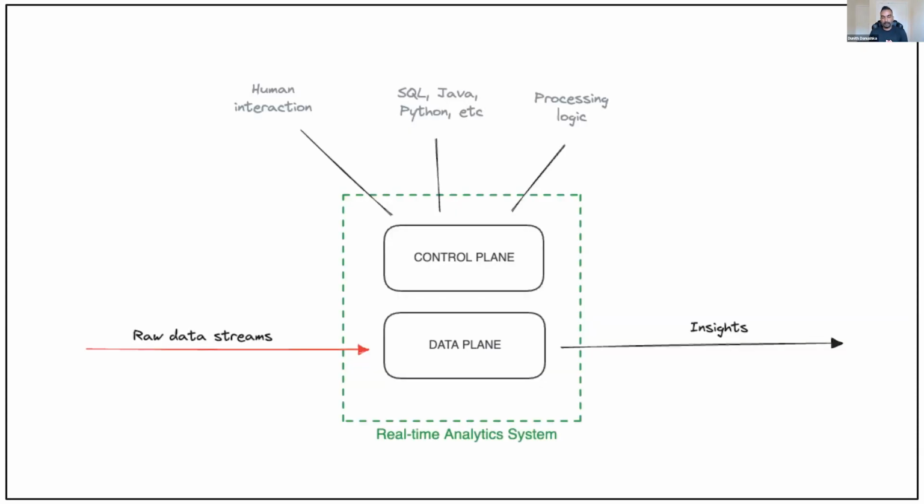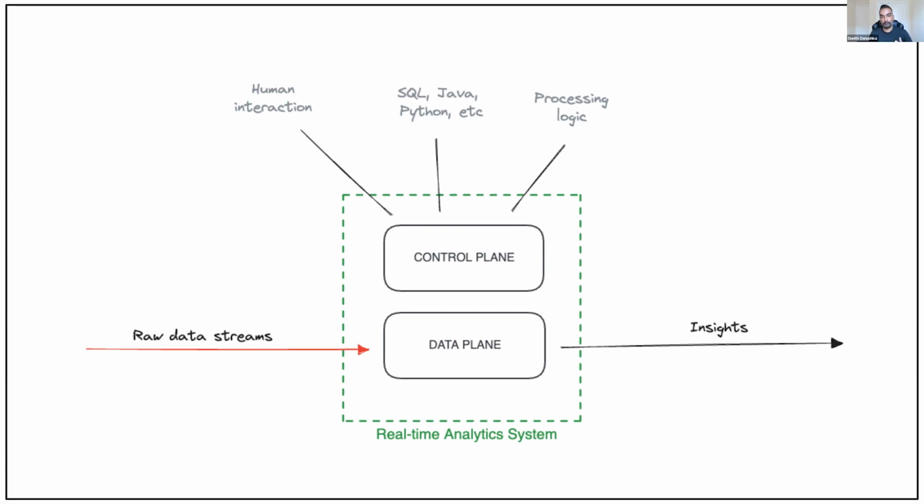When you look at a typical real-time analytics system, something like a stream processing system or streaming database, you can identify two planes, the data plane and the control plane. So the data plane is the infrastructure that ingests raw data streams, processes them, transforms them, and emits insights, real-time insights in real time. So that's the machinery, that's the muscle. And then on top of that, we have the control plane. That's the brain.